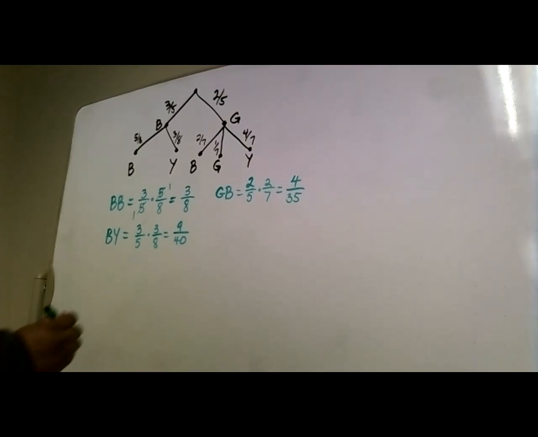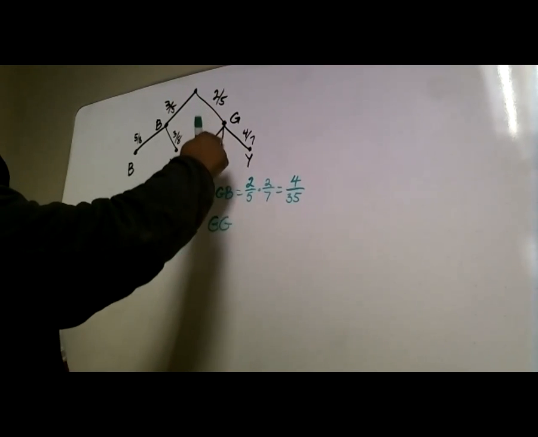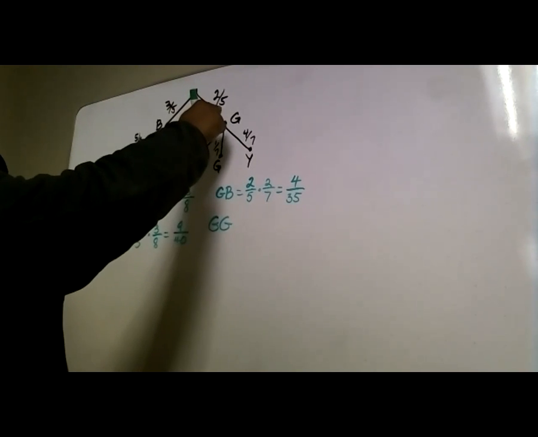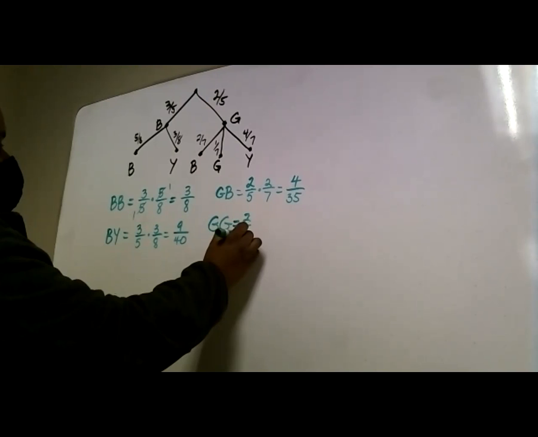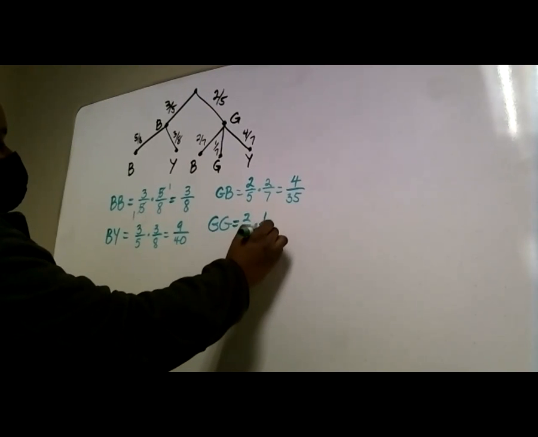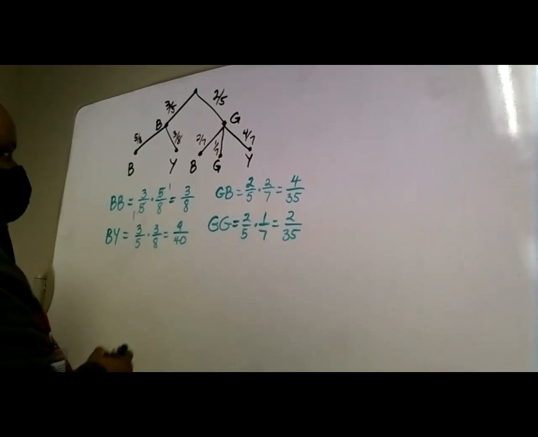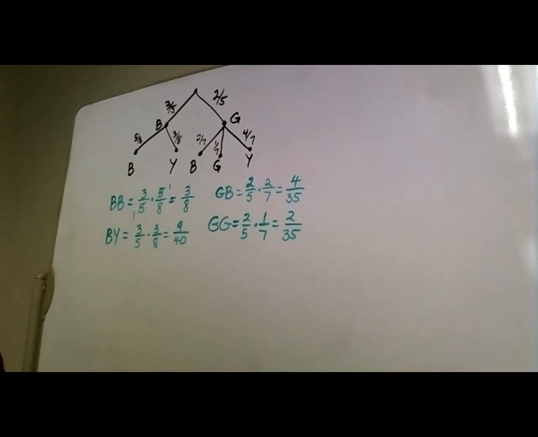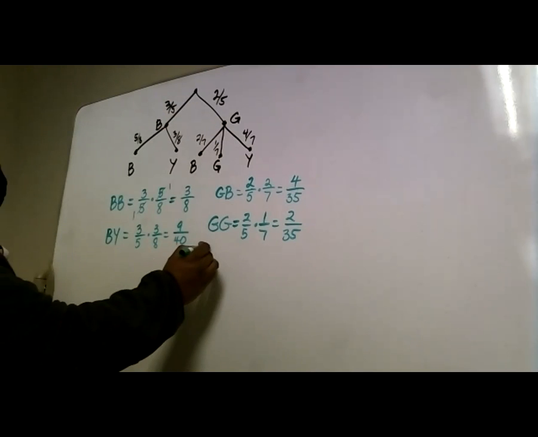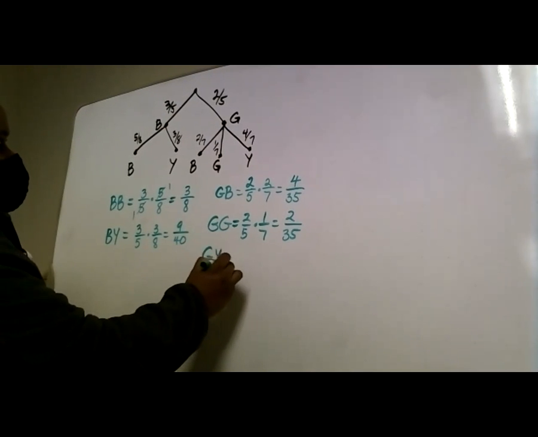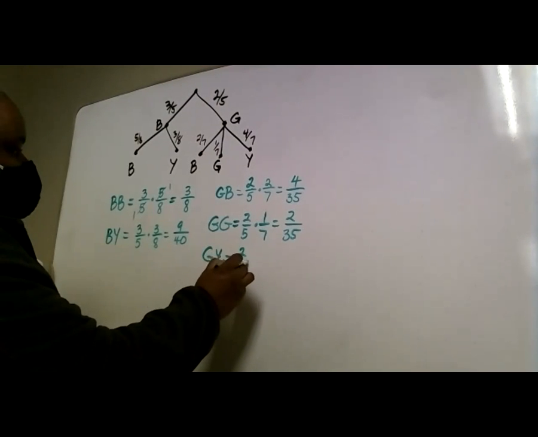Okay. And then a green and a green, that's from here to here. That's going to be 2/5 times 1/7. This will be 2/35. And then finally, from a green to a yellow, this will be 2/5 times 4/7.